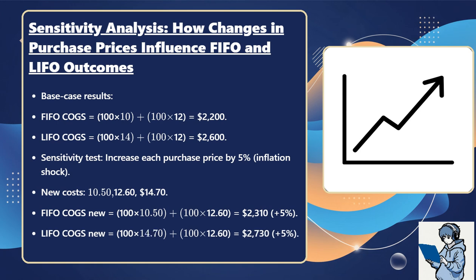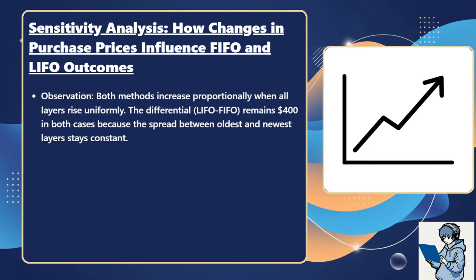LIFO cost of goods sold new equals 100 times $14.70 plus 100 times $12.60 equals $2,730, 5% increase. Observation: both methods increase proportionally when all layers rise uniformly. The differential, LIFO minus FIFO, remains $400 in both cases because the spread between the oldest and newest layers stays constant.